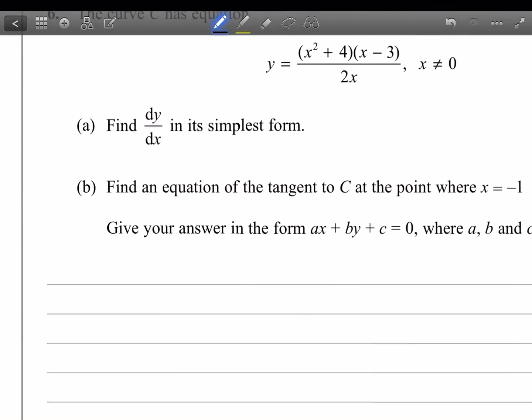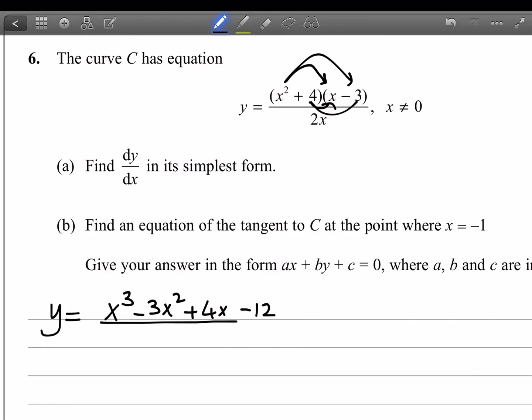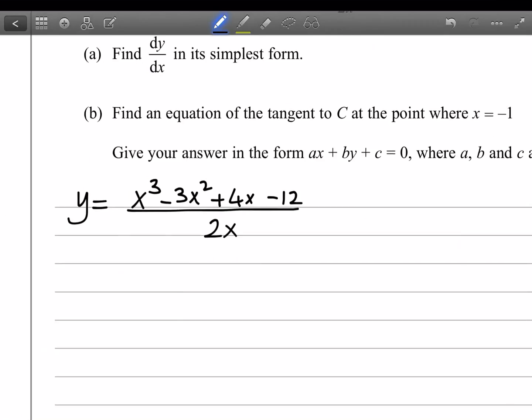Let's do it. y is equal to, let's do the multiplication part by part, x cubed minus 3x squared plus 4x minus 12 over 2x.